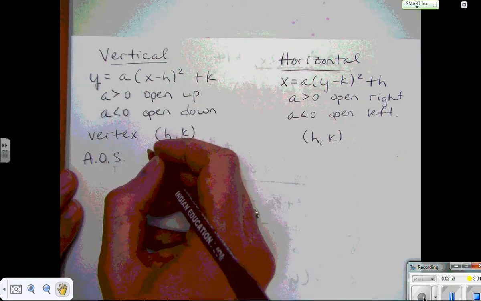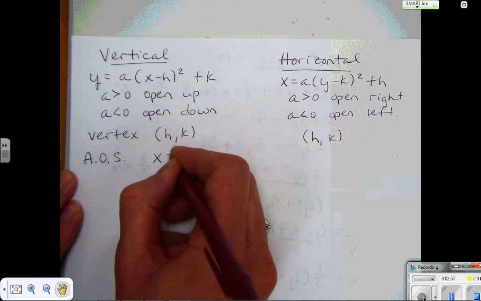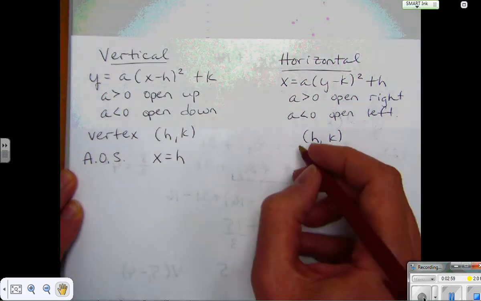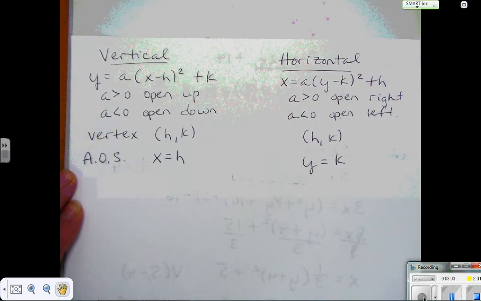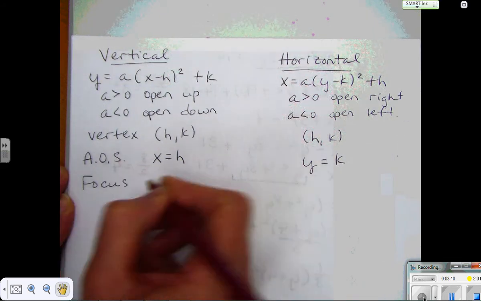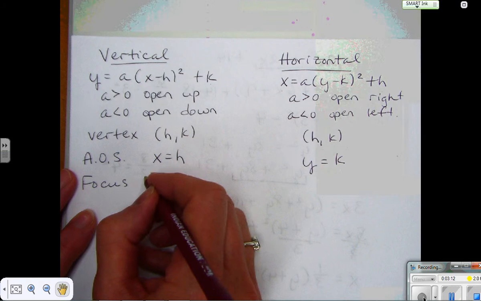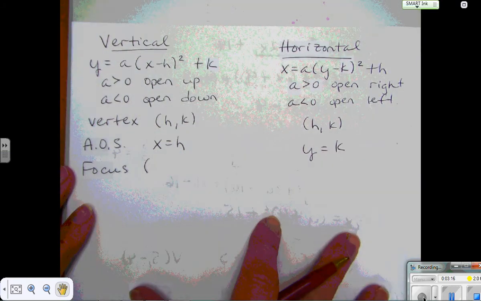For the vertical parabola, your axis of symmetry is x equals whatever the h is. For a horizontal parabola, it's y equals whatever the k value is. It always goes through your vertex. Then you have something called the focus point, and that's inside the parabola, and we'll go over where it is when we're finished here.